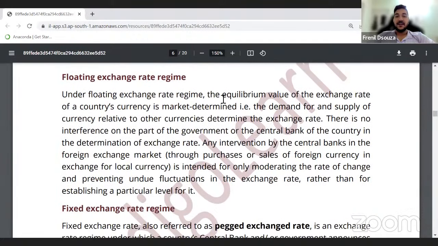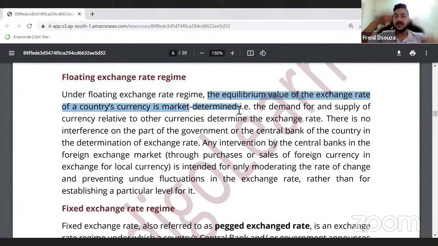Under floating exchange rate regime, the equilibrium value of the exchange rate of a country's currency is market determined, which means whether $1 is going to be 70 rupees or 75 or 80 rupees, who will decide it under floating rate regime? The market determinants, that is the demand and supply for that particular currency.